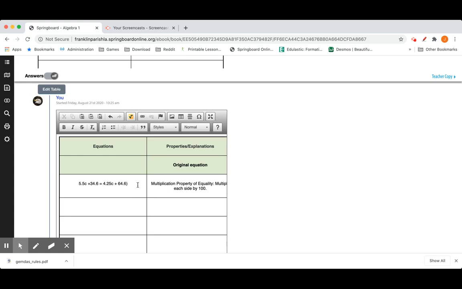Now, why do we think they're doing this? I would tell you that I think it is to get rid of the decimals, to make easier numbers to work with, so you won't have to eventually divide by decimals or something like that.